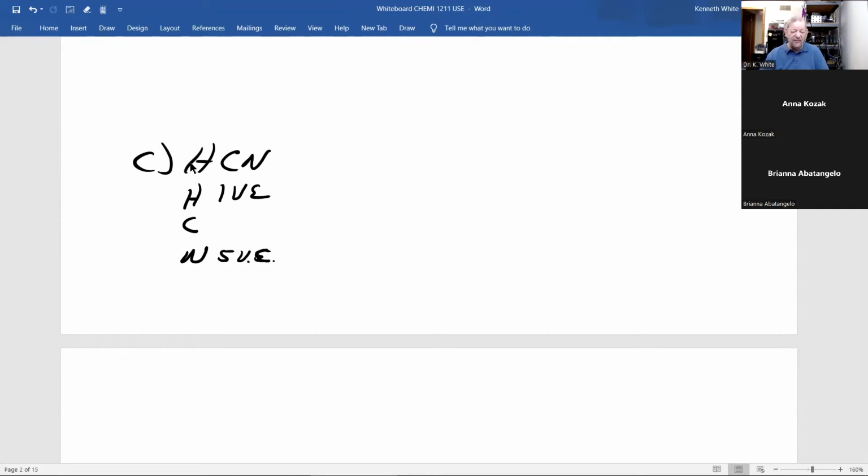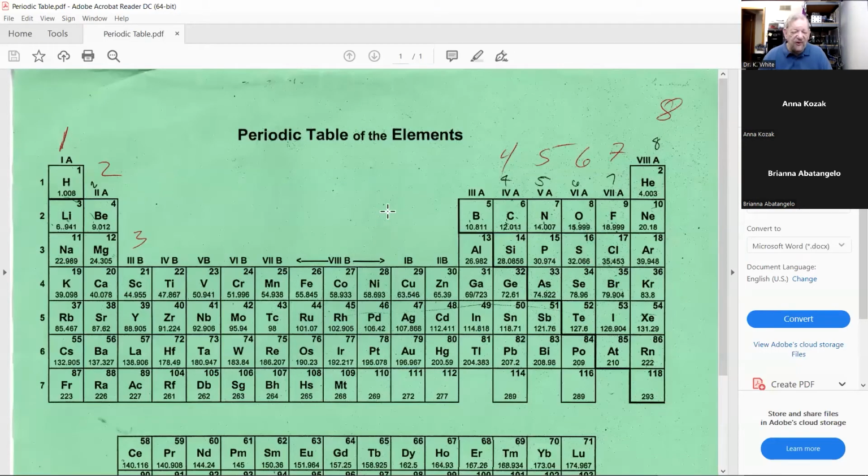Now carbon, how many valence electrons? Well, if we go to our friendly neighborhood periodic table, I'll give you 5 seconds to look up how many valence electrons carbon has. Your turn, go.